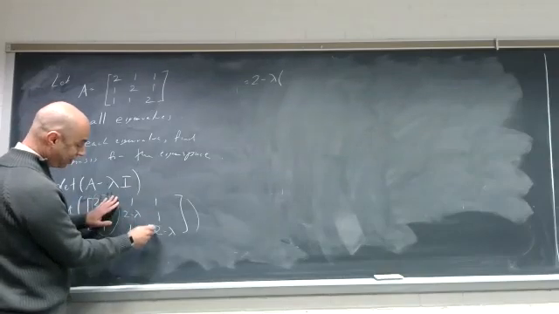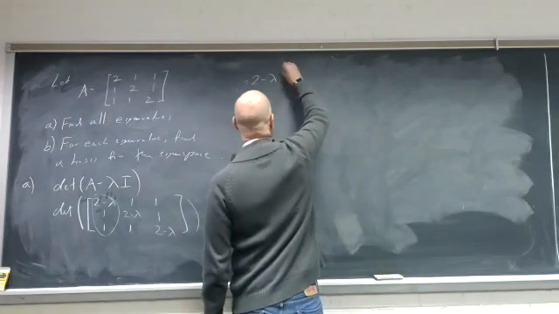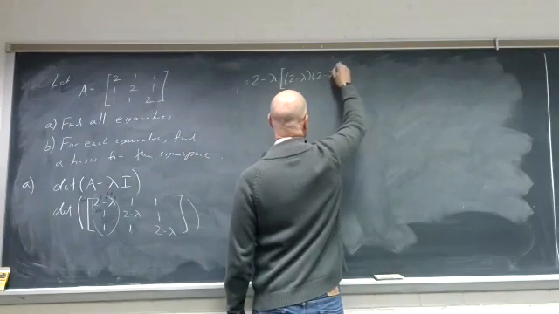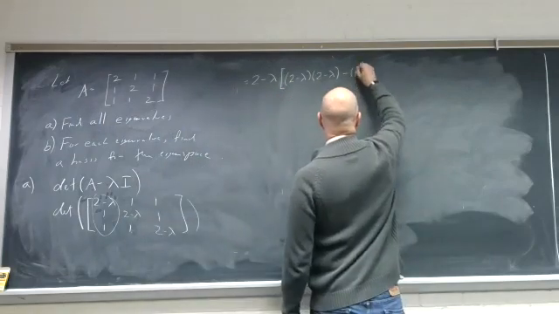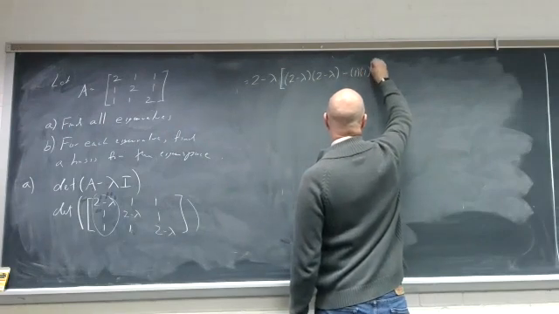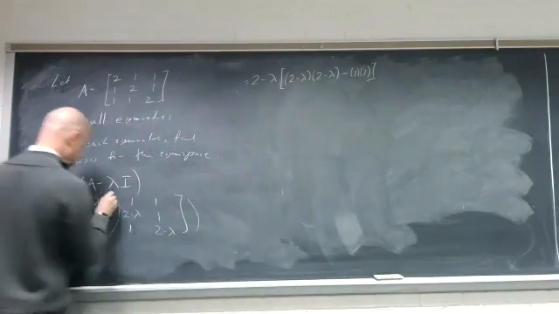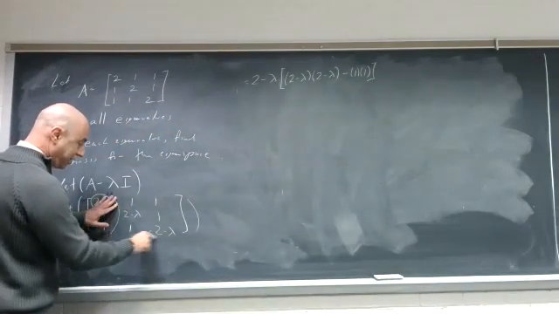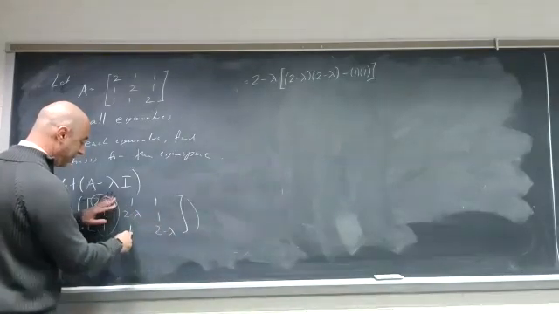I'm going to take this times this minus that times that. 2 minus lambda times 2 minus lambda, minus 1 times 1. So that's this entry times its cofactor, the determinant of its cofactor. That times that minus that times that.